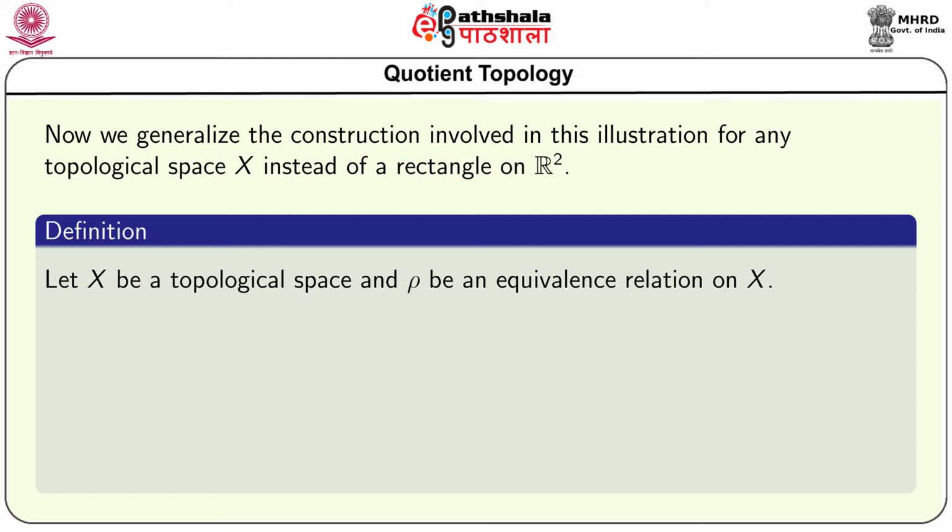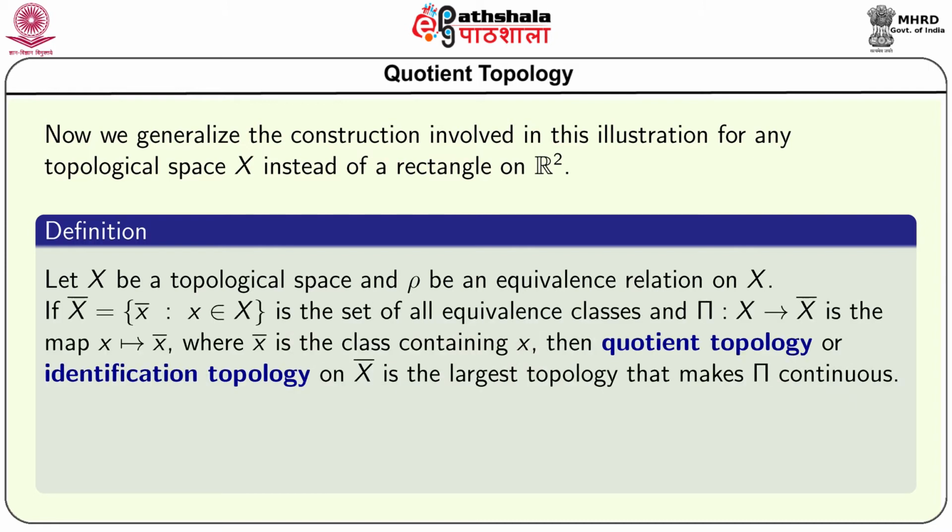Let us take a topological space X and an equivalence relation rho on X. We take all the points x bar, where x varies over capital X, where x bar stands for equivalence classes of the relation rho, and on this set of classes we want to define a topology.